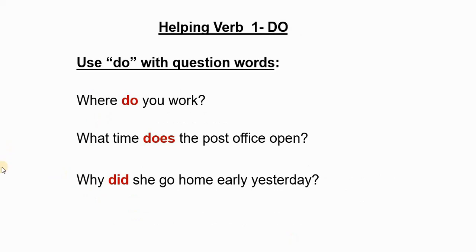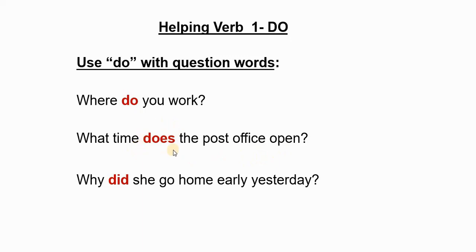When the question has a question word, you still use do after the question words. For example, where do you work? So as you notice here, do comes after the question word where. What time does the post office open?